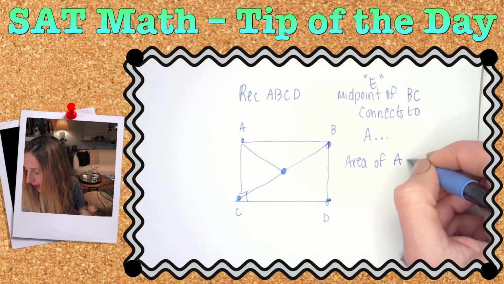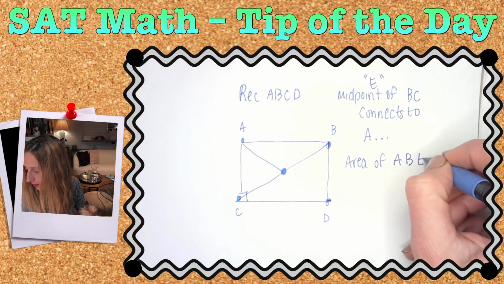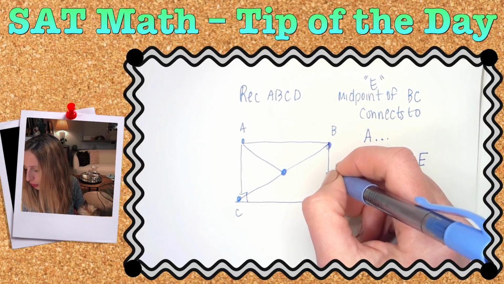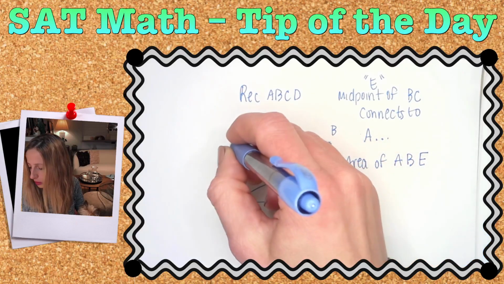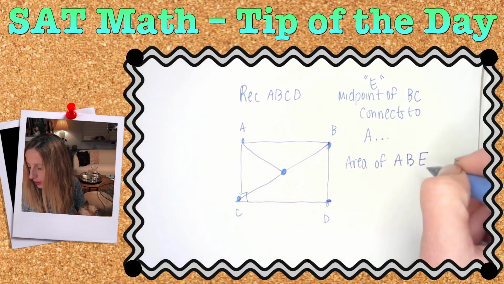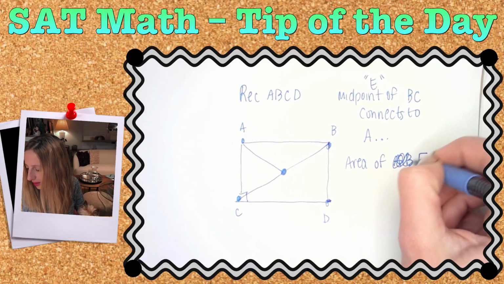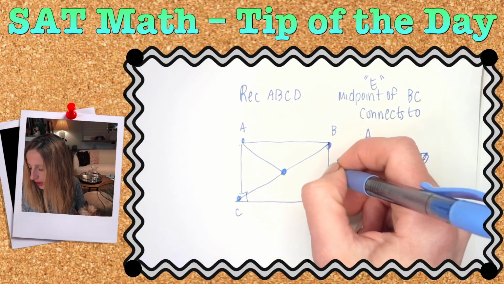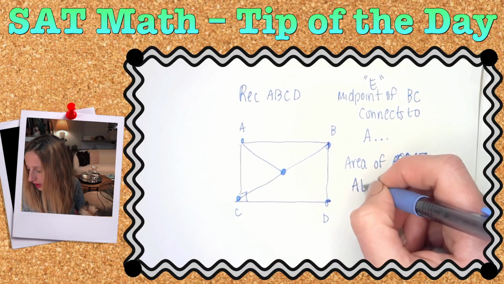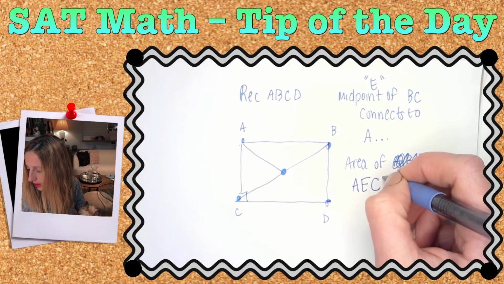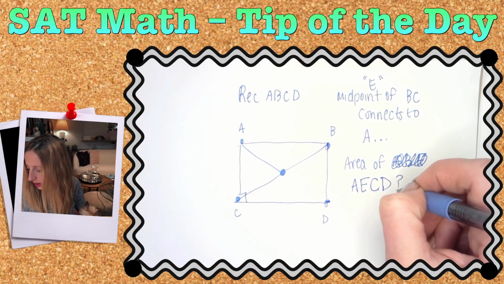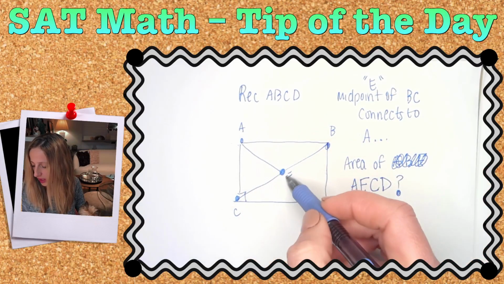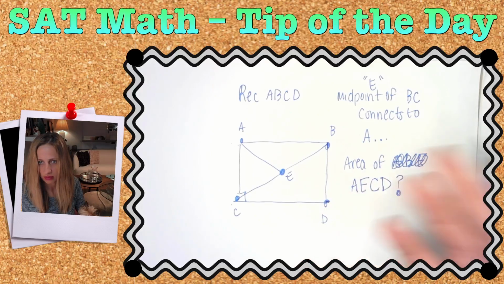But the area of A, B, E. Now let's do the area of, so it would really be there. So A, E, C, D. So then there's E, and you're going to be like, what? A, E, C, D. So confusing.